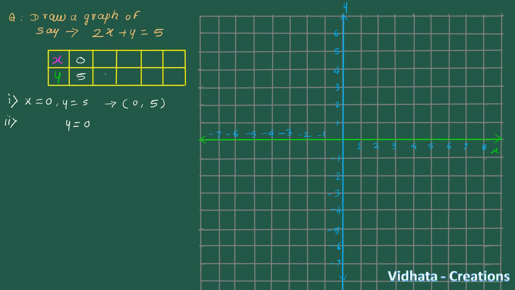So when you take y is equal to 0, you will get the value of x as 2.5. 5 upon 2 means 5 by 2: 2 ones are 2, 2 twos are 4 and 2 fives are 10. The answer will be 2.5.